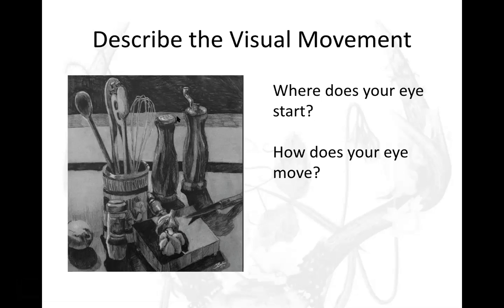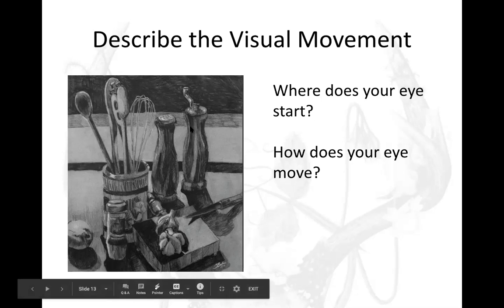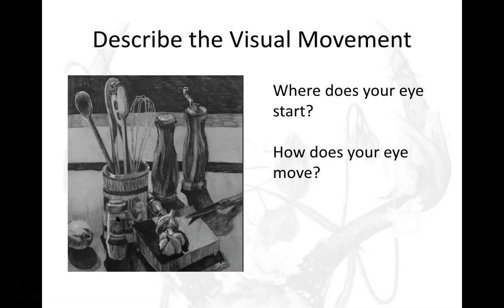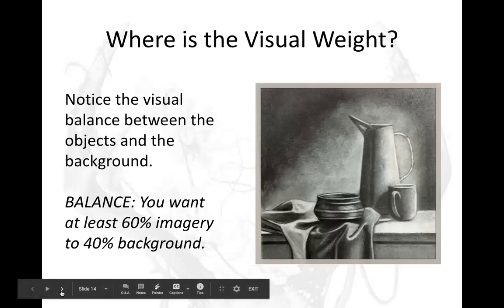Right, it almost has a spiral sort of effect. I agree. So it goes from the salt and pepper to the utensils like the whisk, and then spirals down to the spices and to the garlic. And so it kind of travels and moves. So you can look for those things in your image too, right?